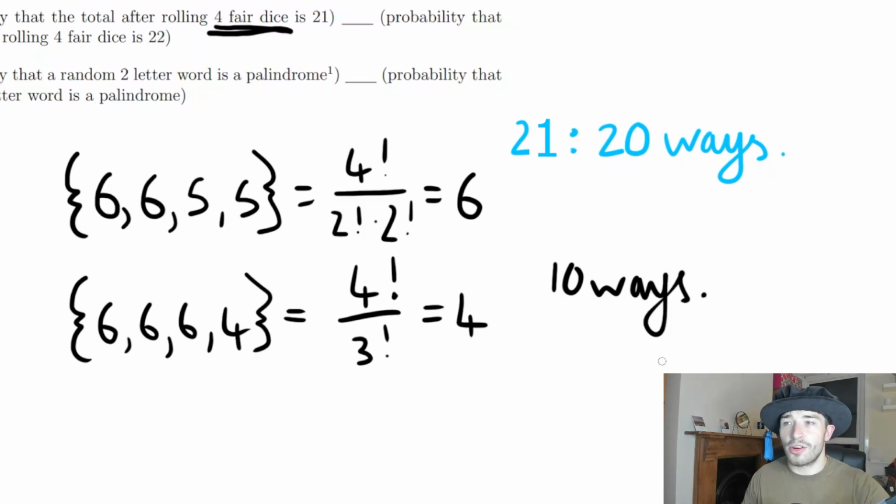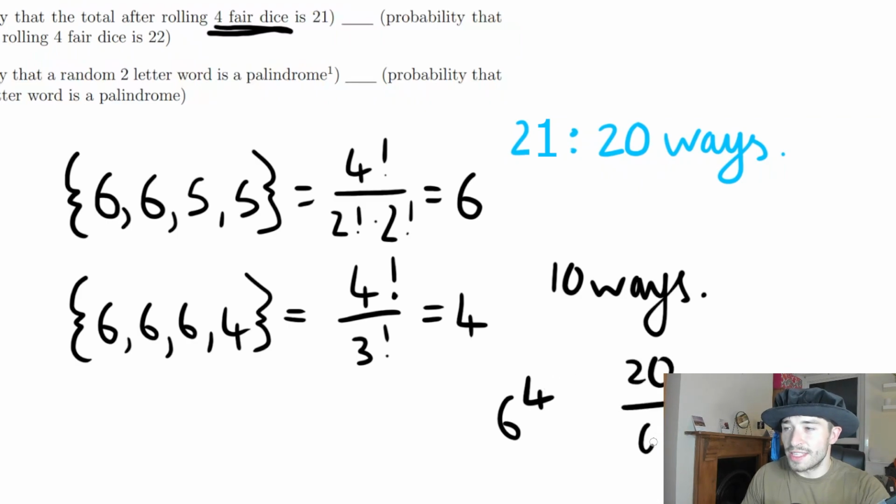And that gives us our answer because there are 10 ways to get 22 and 20 ways to get 21. And there are 6 to the 4 possible combinations for all of them. So the 20 would be over 6 to the 4.